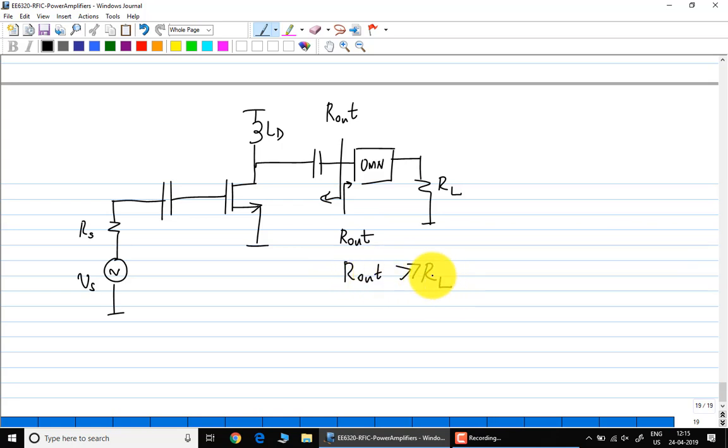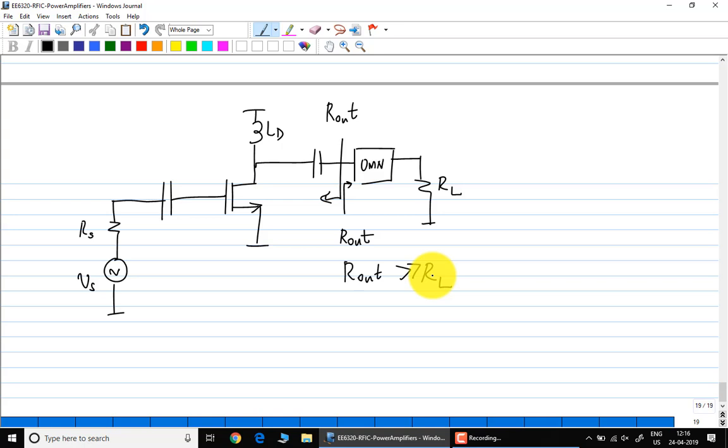What is the R out of your circuit as you have designed it? It is literally infinite. You put an infinite inductor, RDS is very large. RDS, even for these large transistors, may be a few tens of ohms, but as you will see, you will need a cascode for this circuit. The minute you put the cascode, the output impedance will necessarily go into hundreds of ohms. So normally the R out of your circuit will be much larger than RL.